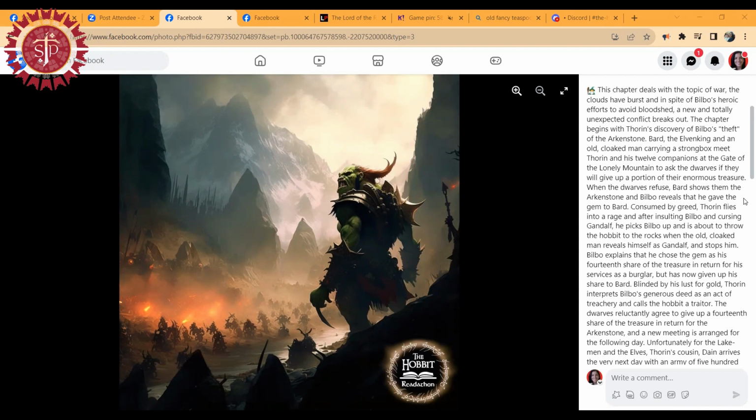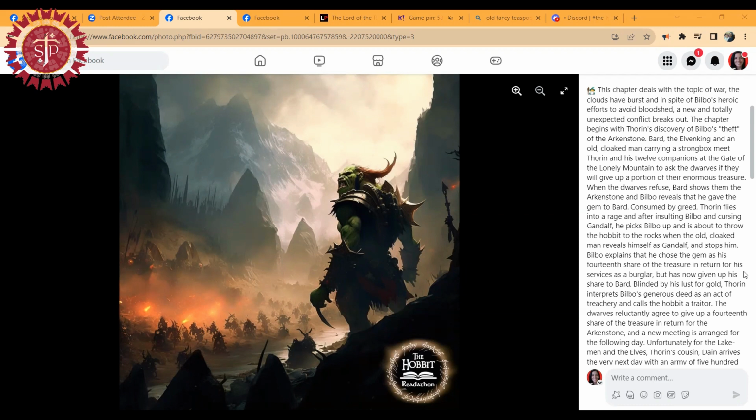Consumed by greed, Thorin flies into a rage, and after insulting Bilbo and cursing Gandalf, he picks Bilbo up and is about to throw the Hobbit to the rocks when the old cloaked man reveals himself as Gandalf and stops him. Bilbo explains that he chose the gem as his 14th share of the treasure in return for his services as a burglar, but has now given up his share to Bard.